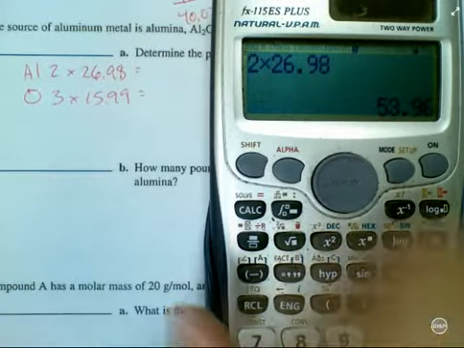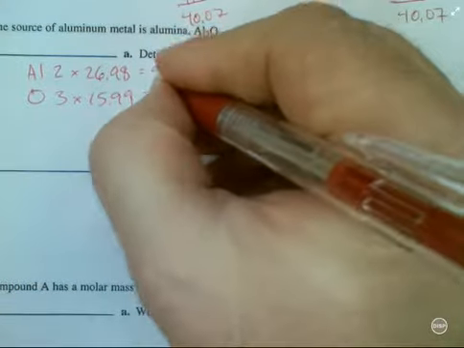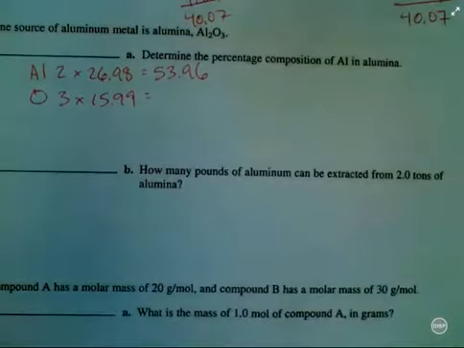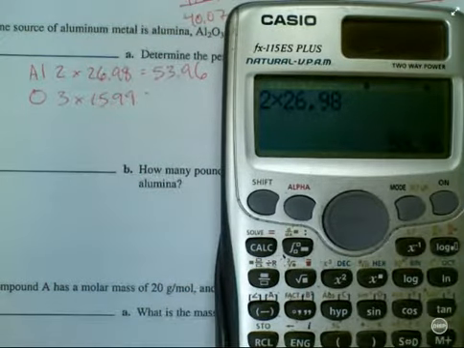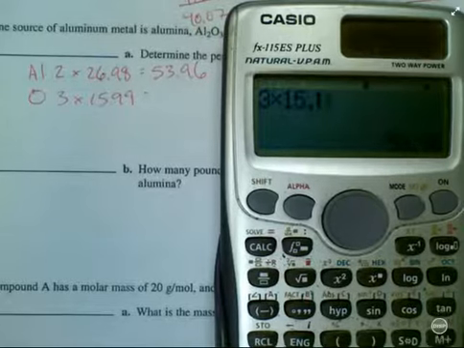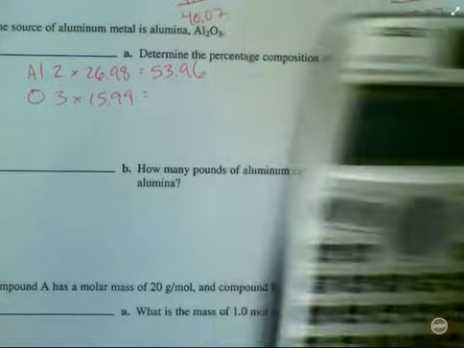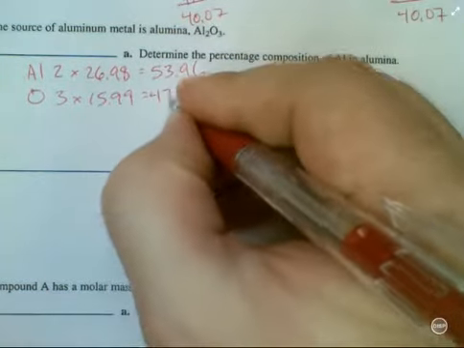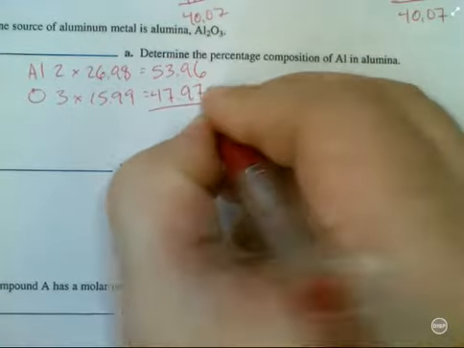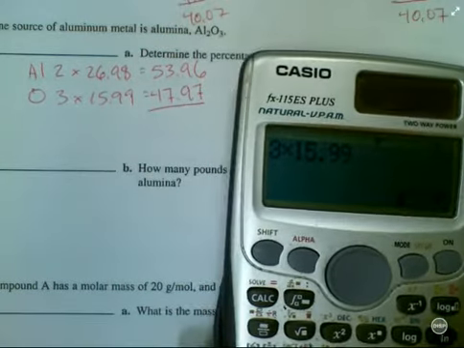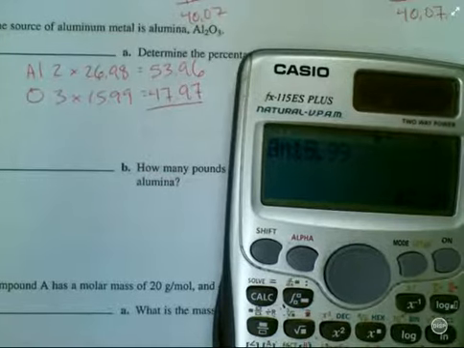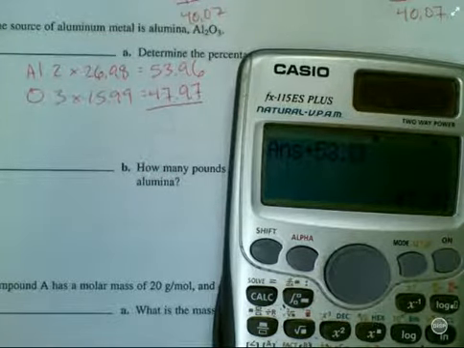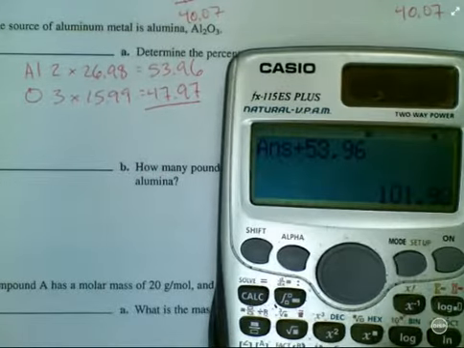We're going to get 53.96. And then 3 times 15.99, 47.97. Now let's add those things together. Get 101.93.